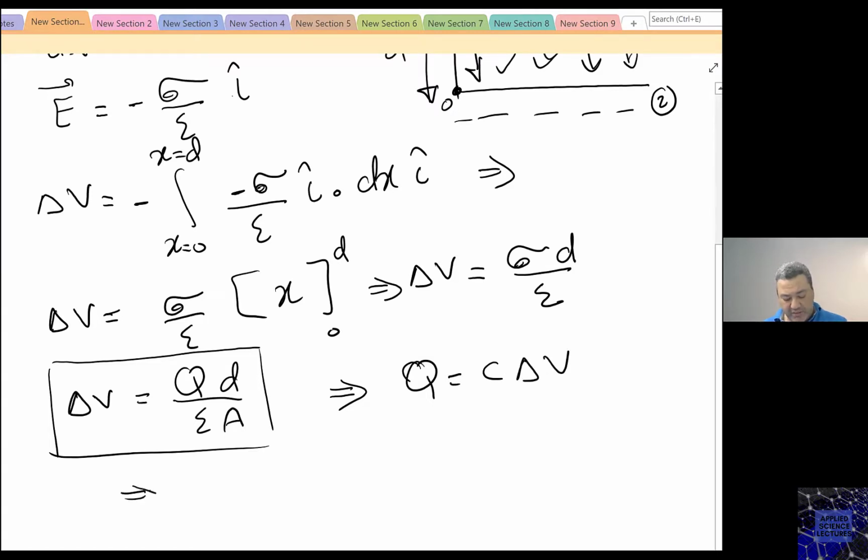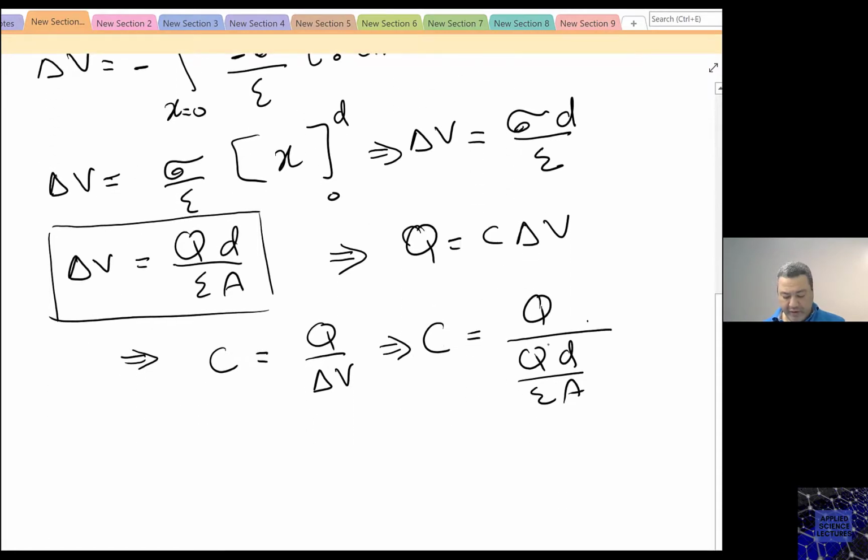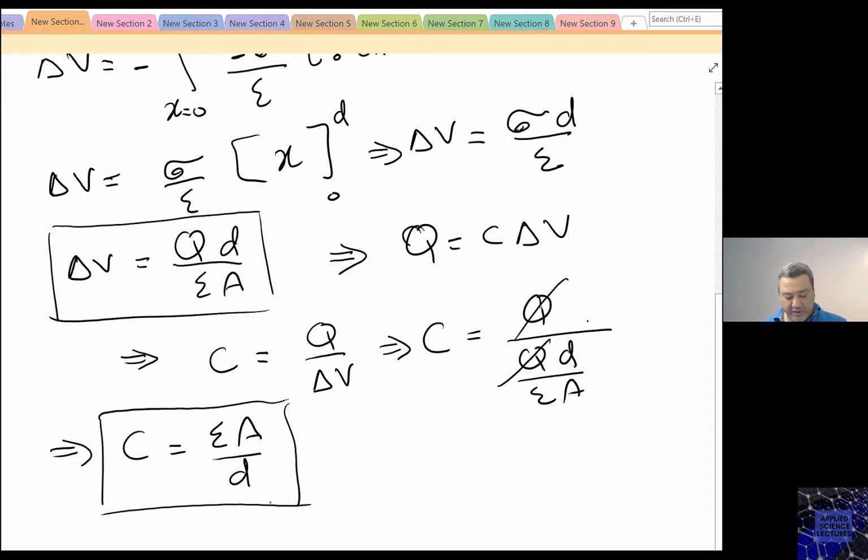Then in this case, C is Q divided by the potential difference, or C equals Q divided by Q d over epsilon A. Q will cancel, and now the ideal capacitance for parallel plate will be epsilon A over d, and this is the ideal equation where this epsilon equals K epsilon naught.